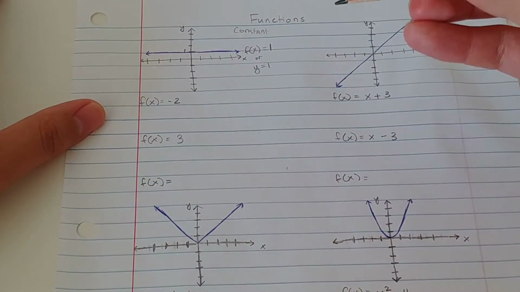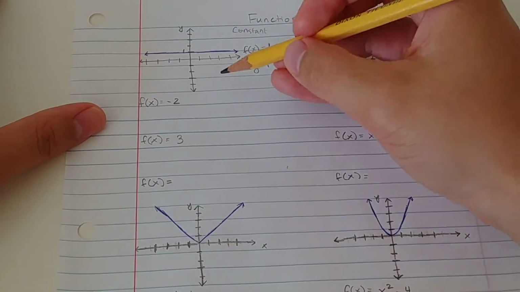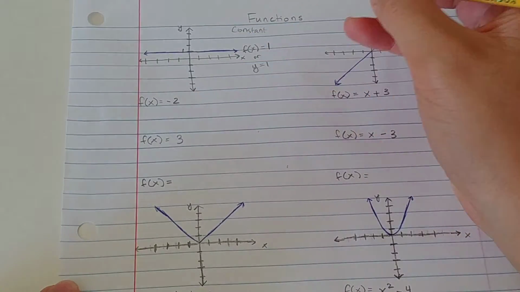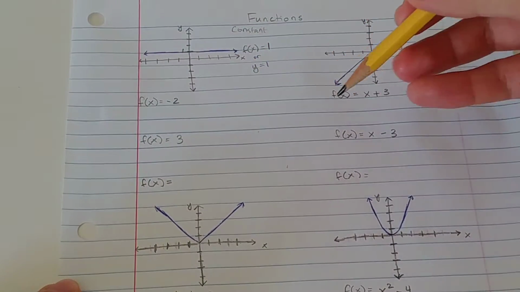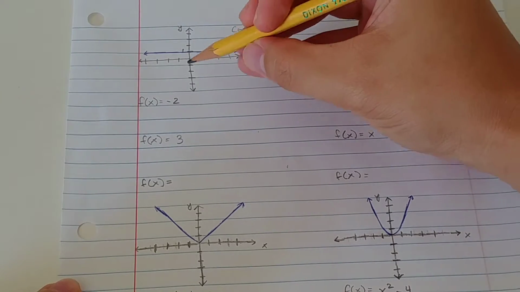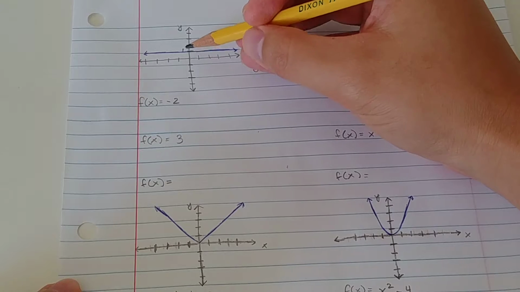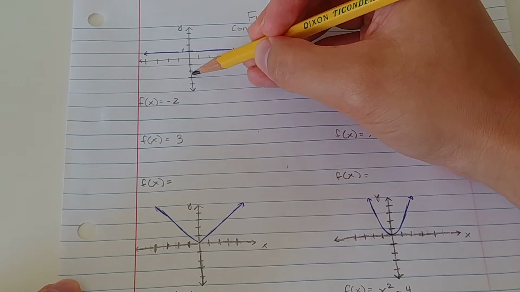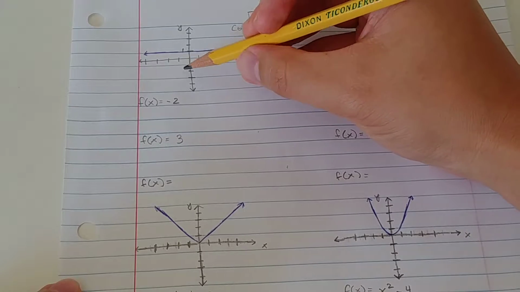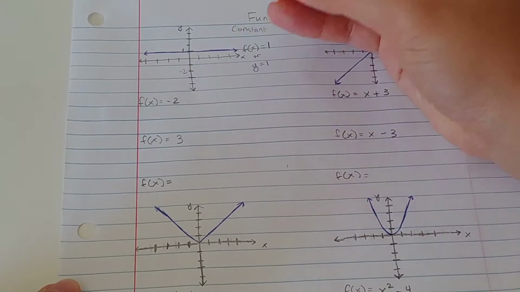Let's look at what f of x equals negative 2 looks like. So f of x equals negative 2 is going to be at negative 2 on the y-axis. So we have 1, 2, negative 2. Ta-da!